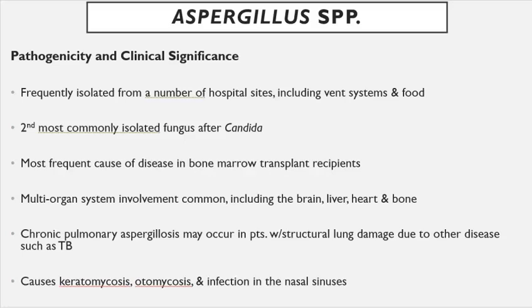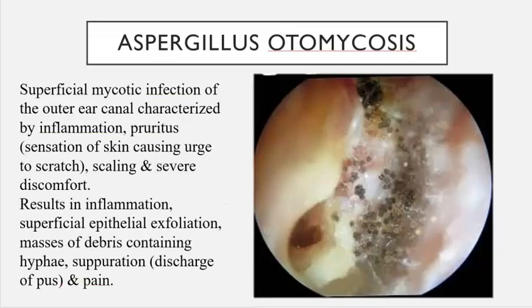It can cause chronic pulmonary aspergillosis, especially in patients with structural lung damage due to another disease such as tuberculosis. Aspergillus can cause keratomycosis, which is an eye infection, or otomycosis, which is an infection of the ear canal, and an infection of the nasal sinuses.